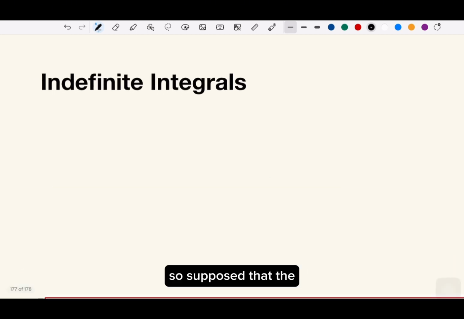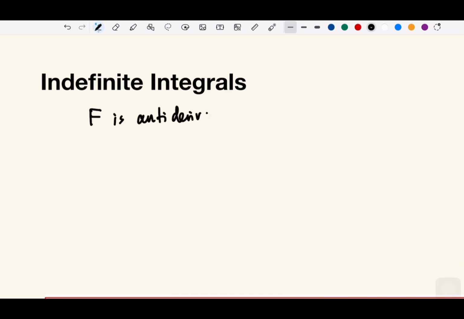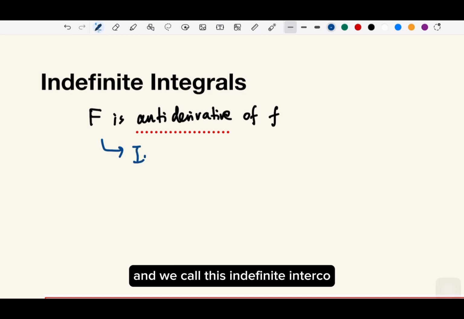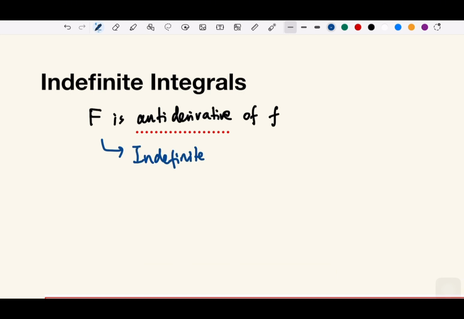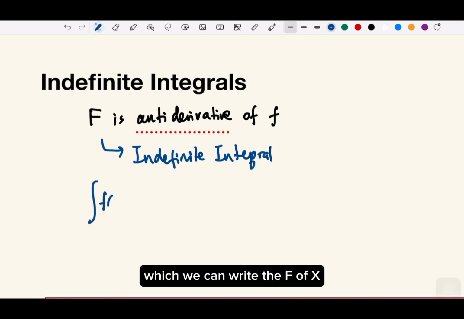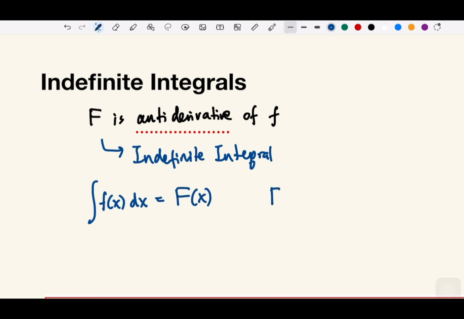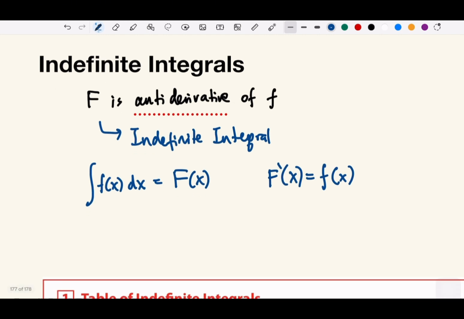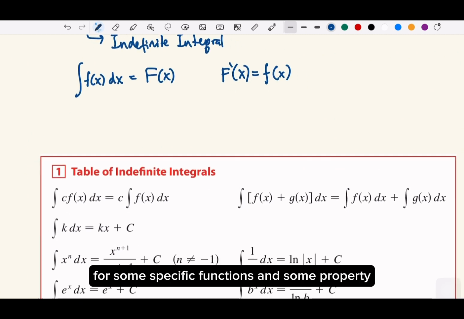So suppose that the capital F is antiderivative of the small f, and we call this indefinite integral, which we can write the integral of f of x dx become this antiderivative.